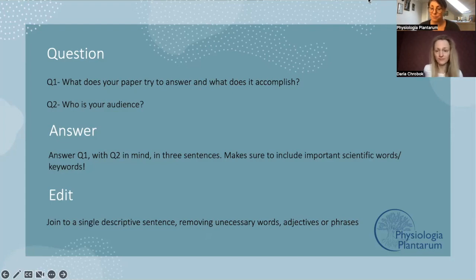Yes. And then basically when you have all of this, like your questions and your answers and thought about the words and keywords, you kind of mash all of this together and try to edit it into a single sentence, basically describing exactly what you do, really the essence of all the work that you've done. Cut out all the words that are redundant, not really needed to understand what you do, and try to make it as crisp and clear as possible.